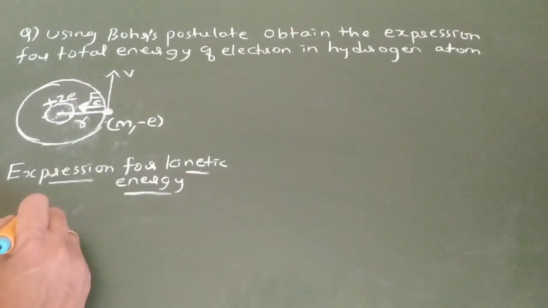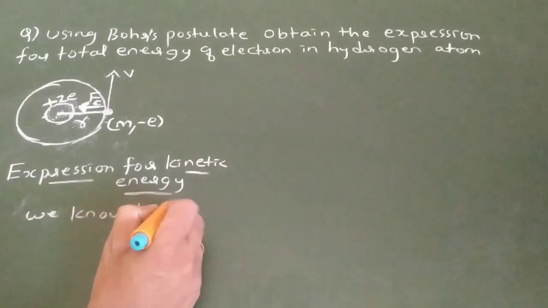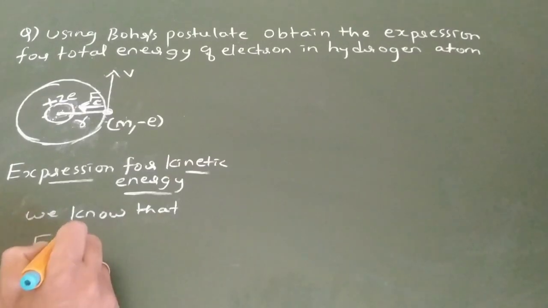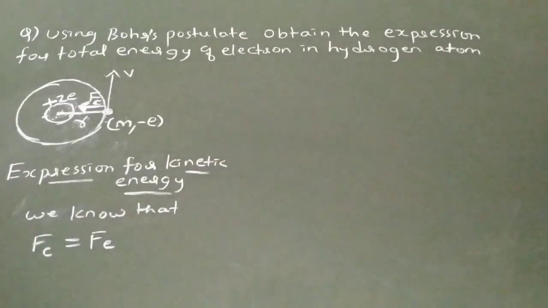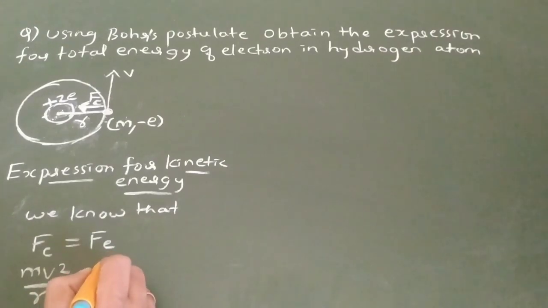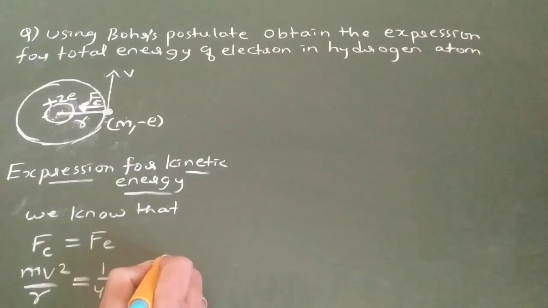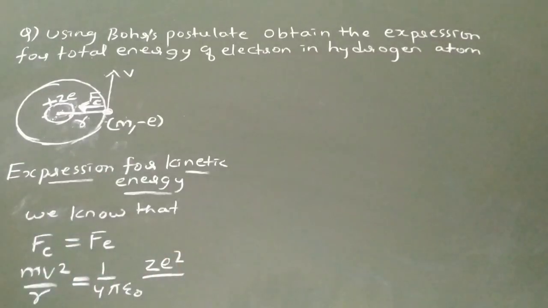Again we take the same relation. Centripetal force is equal to electrostatic force. Centripetal force is mv square by r, which equals 1 by 4 pi epsilon naught into Ze square divided by r square.